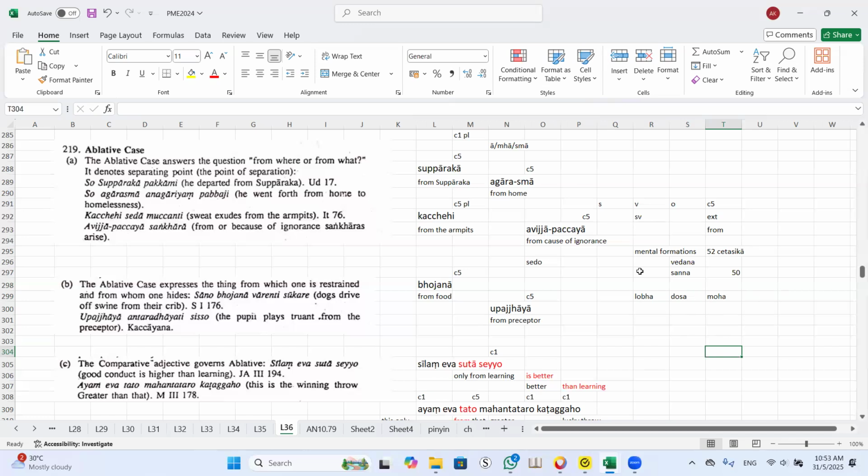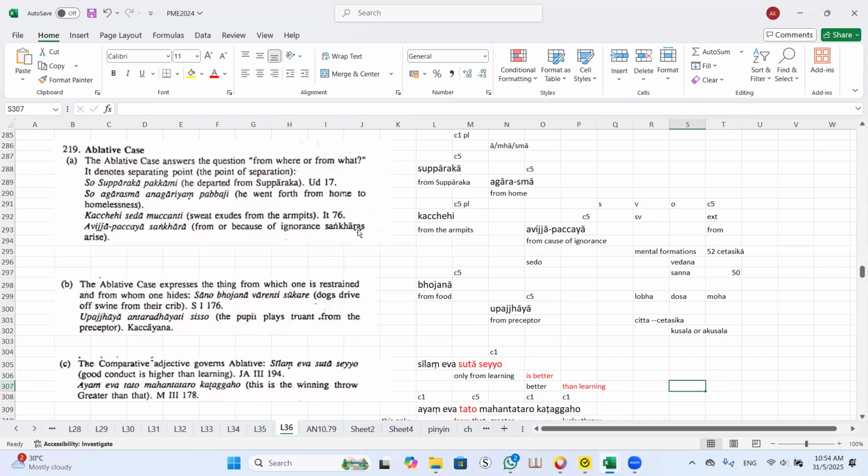Whenever the chitta arises inside you, it will be followed by cetasika, because the cetasika can be kusala or akusala. So here it says because of ignorance, in avijja, sankara arises.